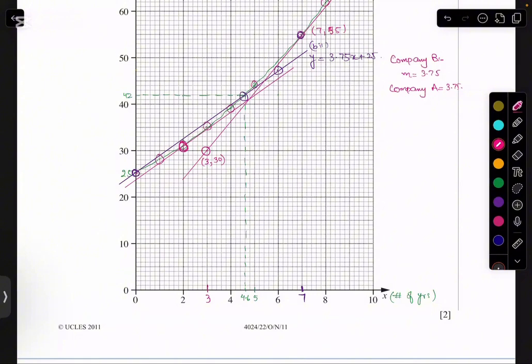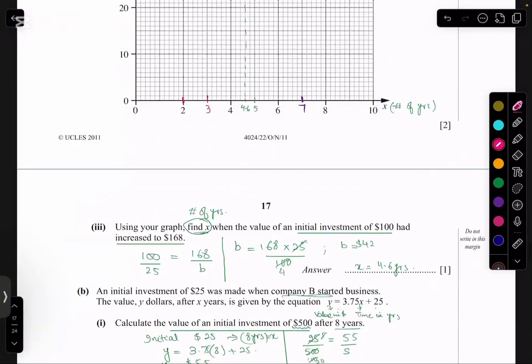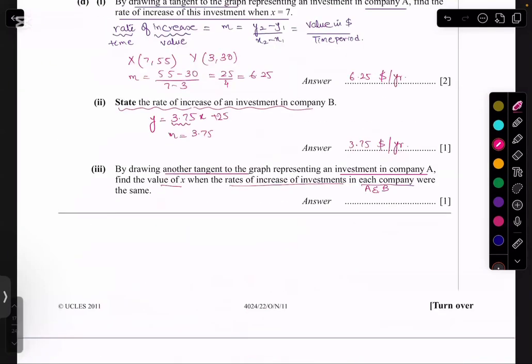Therefore I can say that in 2 years time, approximately in 2 years time, company A के लिए भी यही rate of increase होगा. So what is my answer? My answer, then find the value of x. That means I can say for company A it should be 2 years over here.